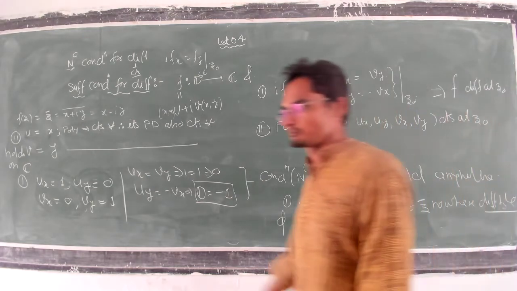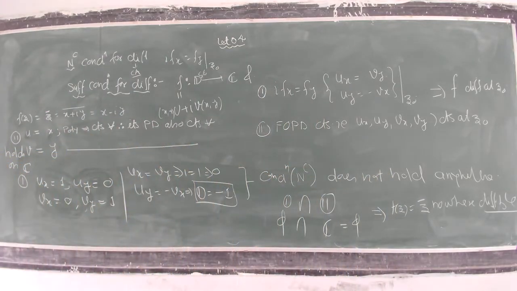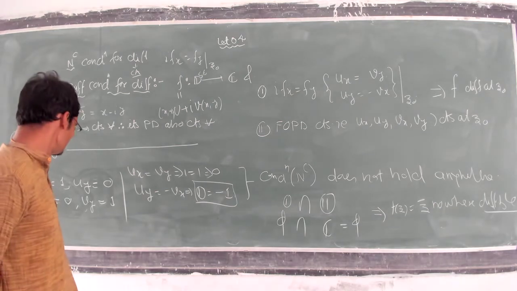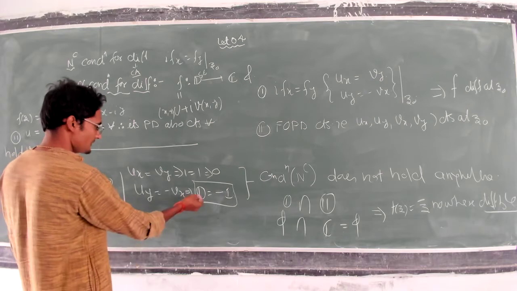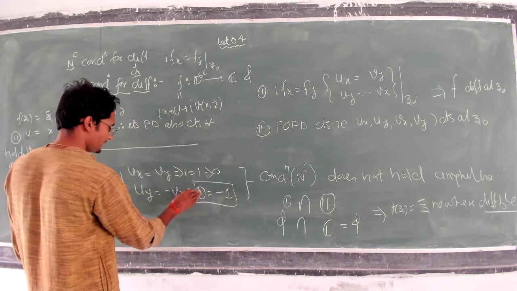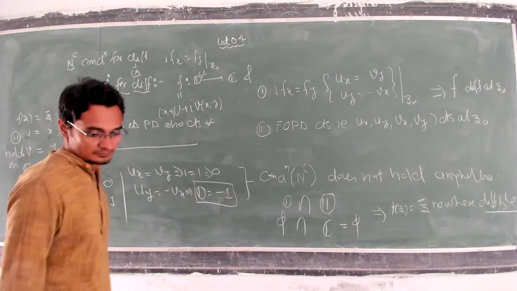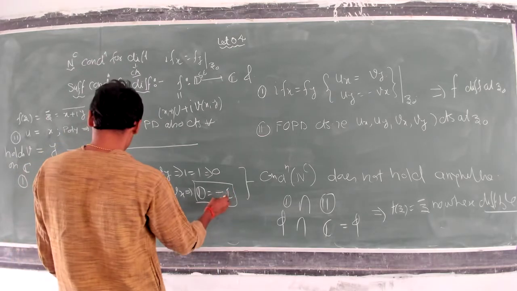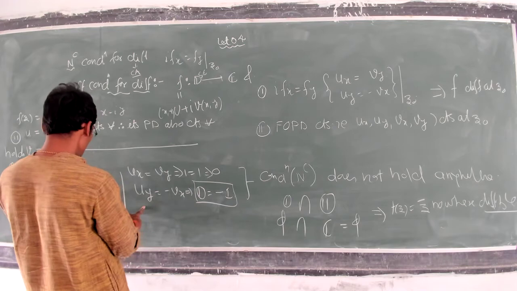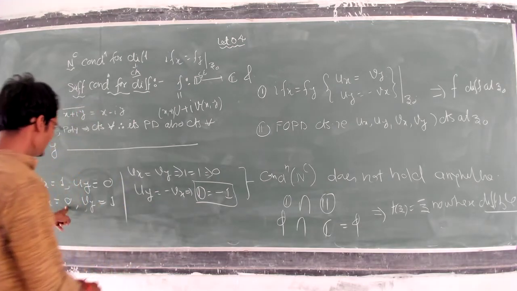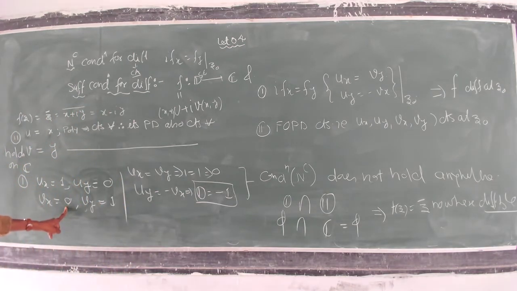Yes, ask. Sir, Vx will be 0 here? Vx is equal to 0. Yes, 0 is equal to 0. Uy is 0, Vx is 0. Give me one second.